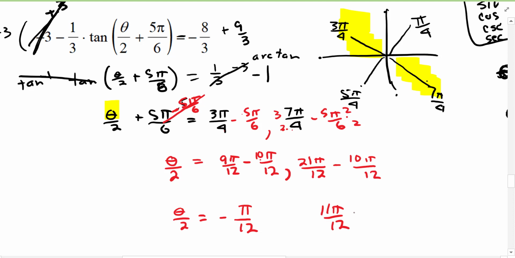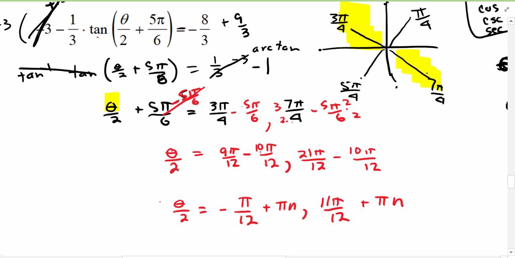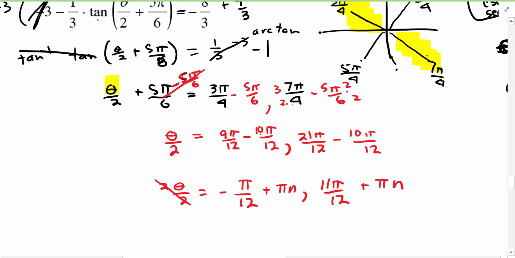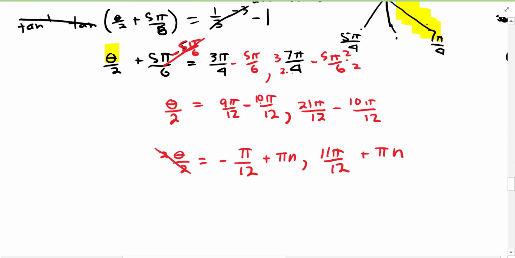But remember, we're wanting to find all solutions, and this is tangent. So I have to add pi n to both sides. And then I'm going to multiply everything by 2. Some professors are going to allow you to leave that.